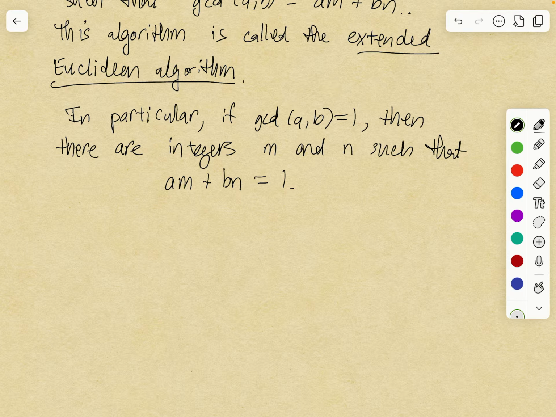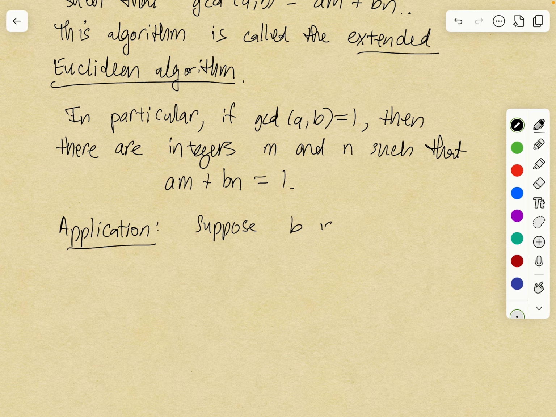And one way this is useful is if either A or B is prime. So an application of this fact is, suppose that B is a prime, let's call it P, and that the GCD of A and B is 1.